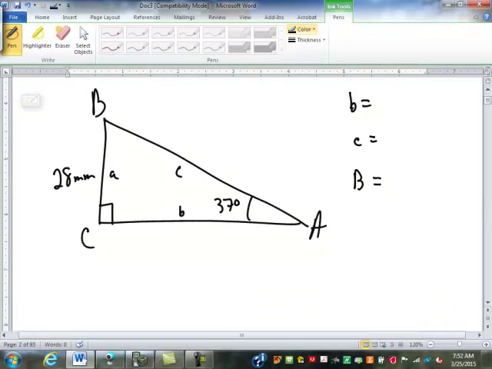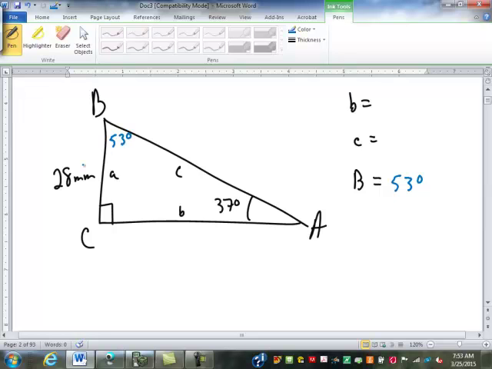First of all, angle B, how do we find it? Perfect. So 180 minus the 90 minus another 37 is 53 degrees.